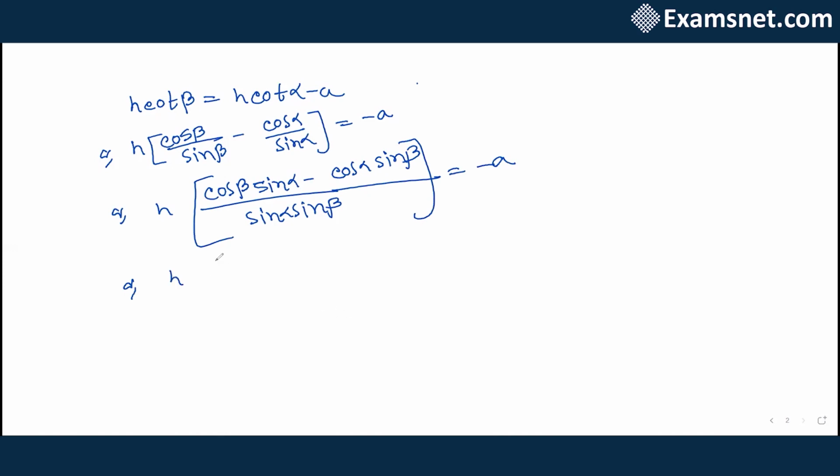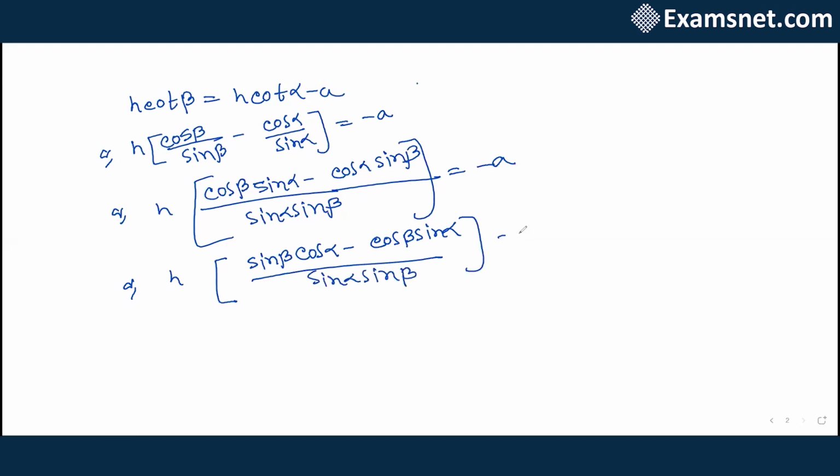So the left side will become (sine beta cos alpha minus cos beta sine alpha) by (sine alpha sine beta), and minus a will become plus a. Here this is the formula for sine beta minus alpha.